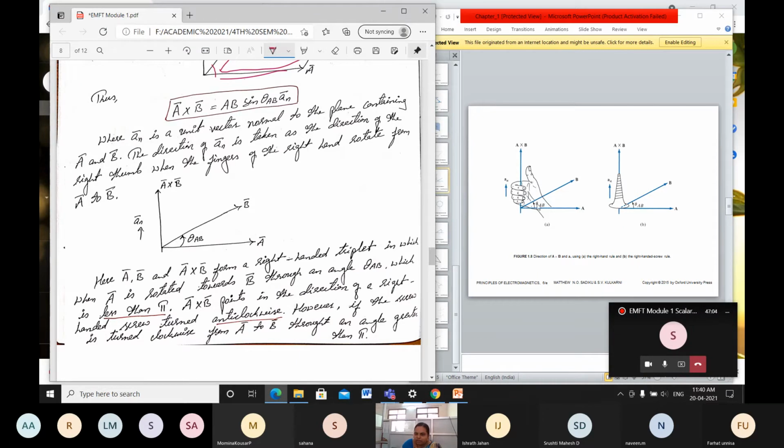Of course, you will be getting less than pi only, because pi is 180 degrees. Almost your B vector is going to be within the limit only.